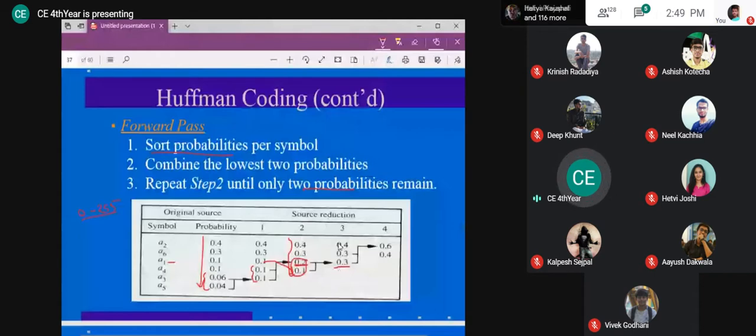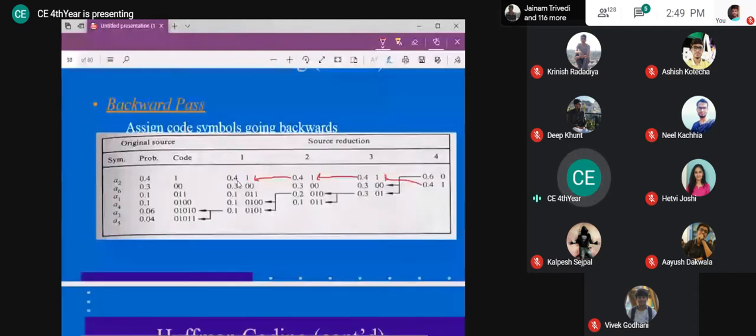That one is assigned to this 0.4. So keep in your mind that we have assigned the code 1 to this 0.4.